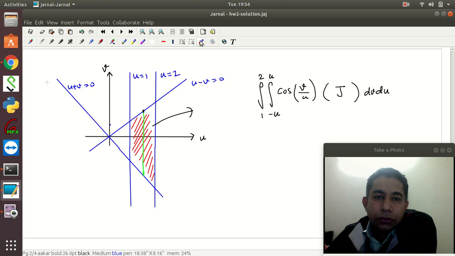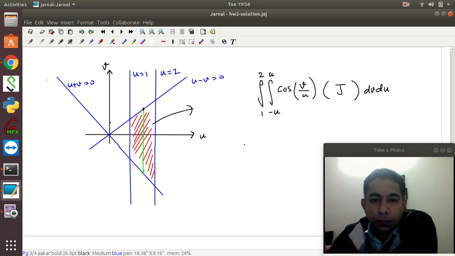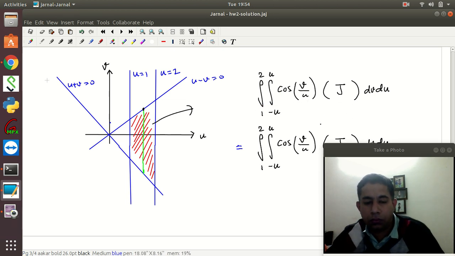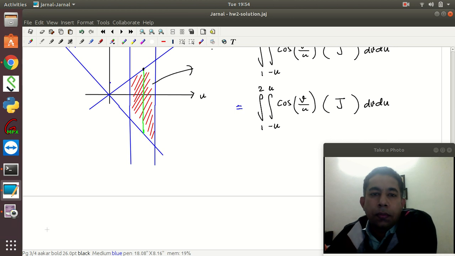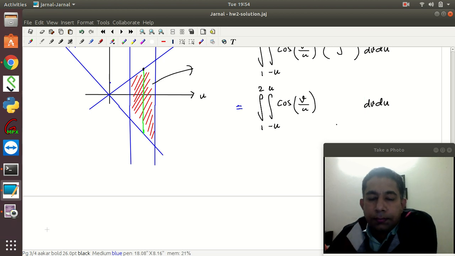So this integration should become half. So that would integrate to half.